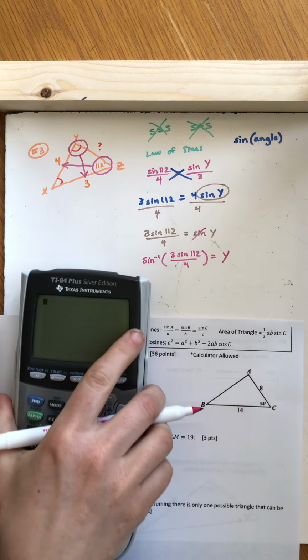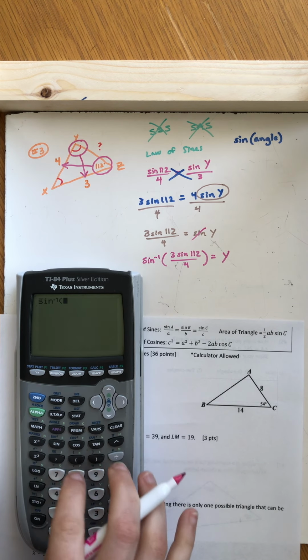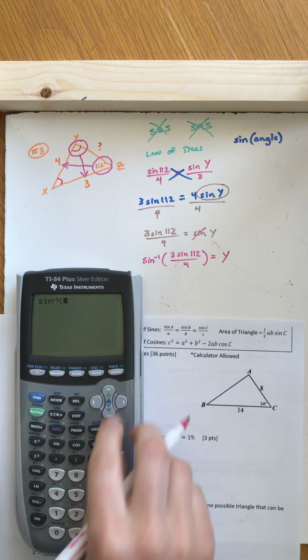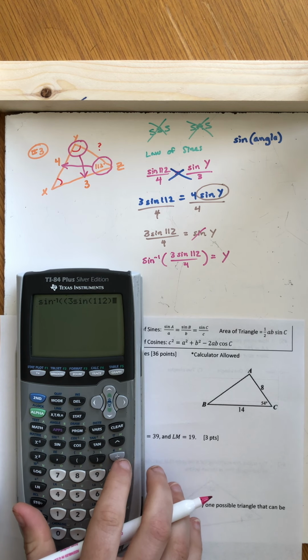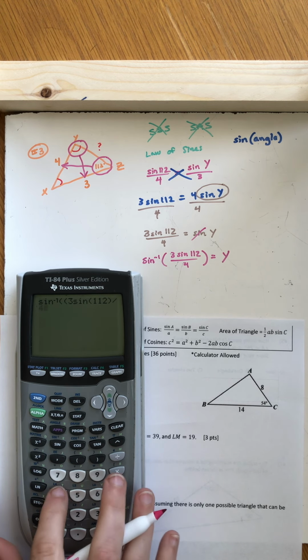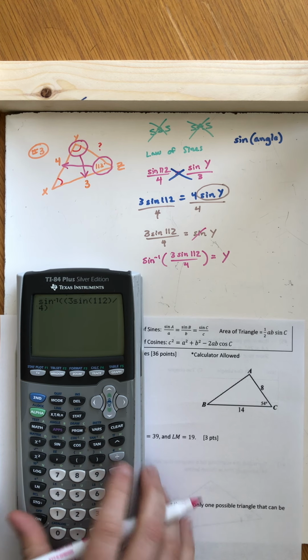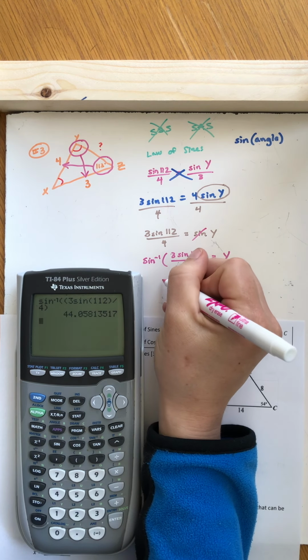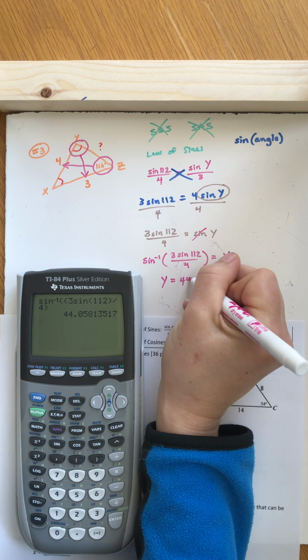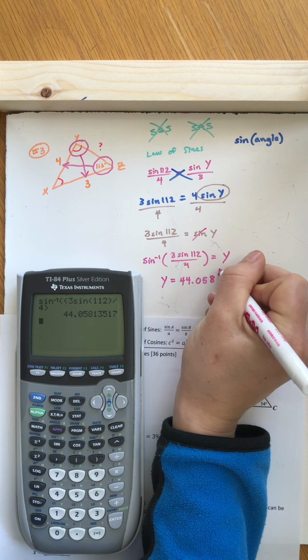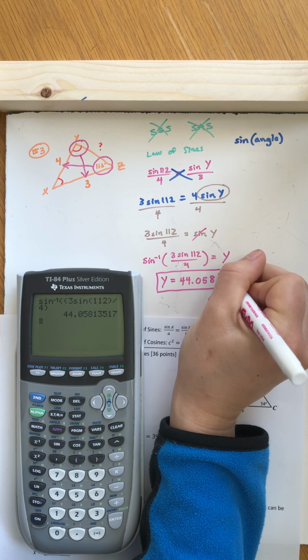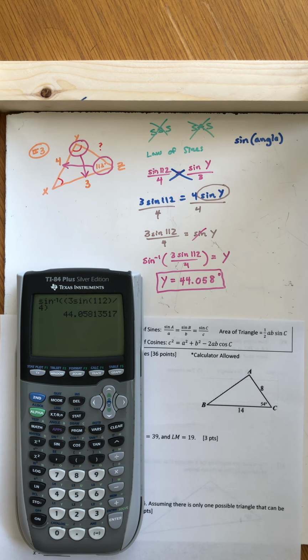So once again, we're going to put that in the calculator, so inverse sine. I'm going to do an extra set of parentheses at the top. And we get angle Y is 44.058 degrees. That's for the angle.